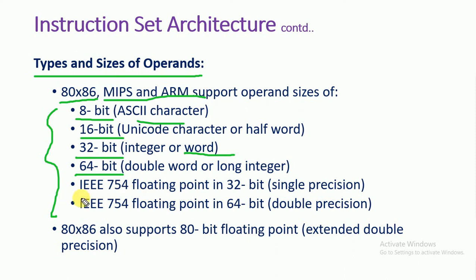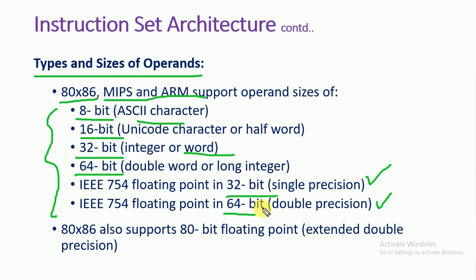Similar to this, we are using two floating point formats. One is IEEE 754 floating point in 32-bit, usually called single precision, and the next one is IEEE 754 floating point in 64-bit, used for double precision floating point numbers. So these are the different types like ASCII character, Unicode, integer, double, and floating point single precision and double precision.